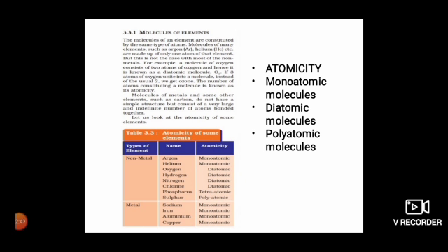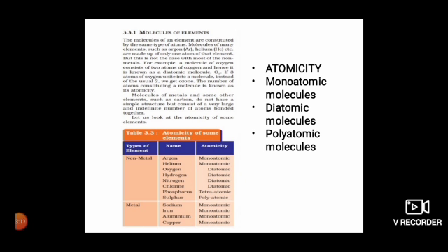So if the question is what is the atomicity of an argon molecule, the answer is 1, because a single atom exists as the molecule also.